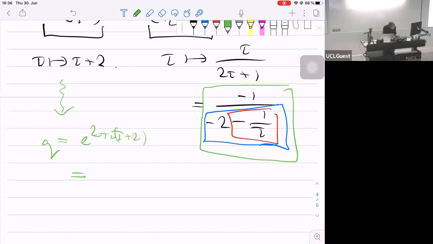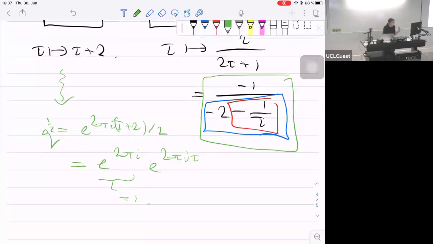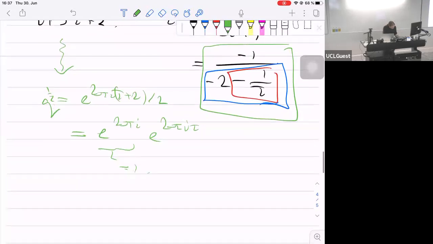If I put a plus 2 there, there's going to be a case where you have a q to the half appearing somewhere, so you're still going to get just 2 pi i dropping out. And since that's 1, it doesn't change the q series at all. So theta 2, theta 3, theta 4 trivially satisfy the periodicity.